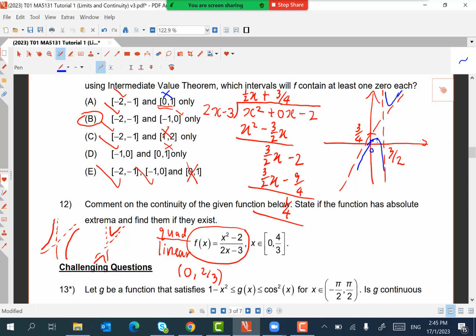If you zoom into just 0 and 3/4, the graph will look different. When x is 0, it is 2/3, so it's here. And then when x is 4/3.